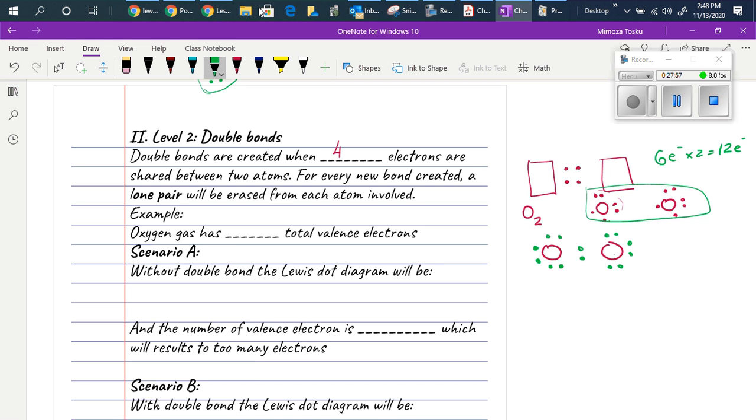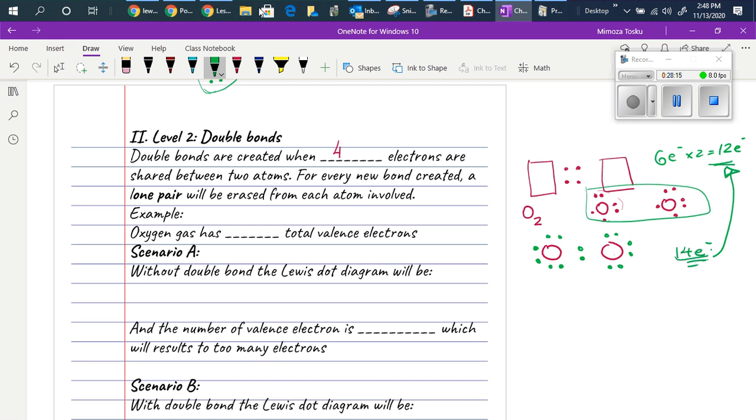So when we complete the outer shells of those 2 atoms with 8 electrons each, 2 of which are shared between each other, we will have 14 electrons in total, way more than what is actually available to place. So what do we do in this case?